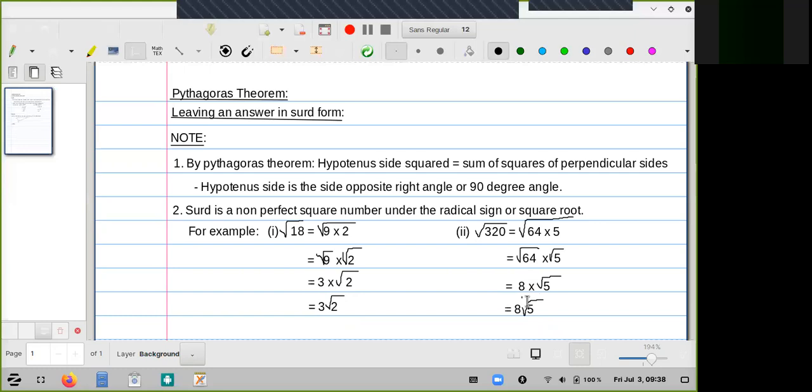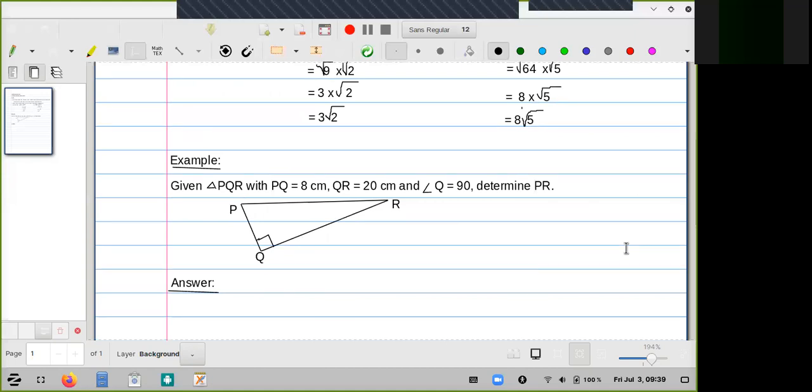So we simplify to that point. So it now means that rewriting the square root of 320 in surd form, it is equal to 8 square root of 5. So these are examples of numbers that are expressed in surd form.